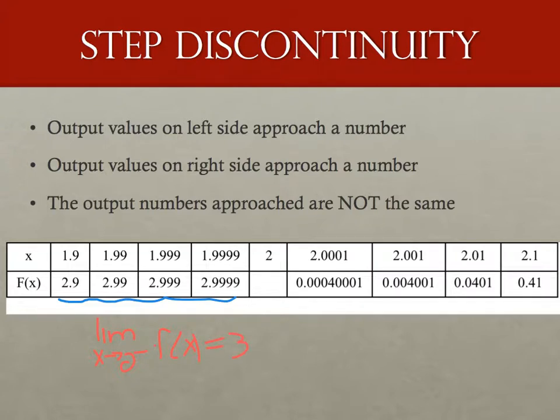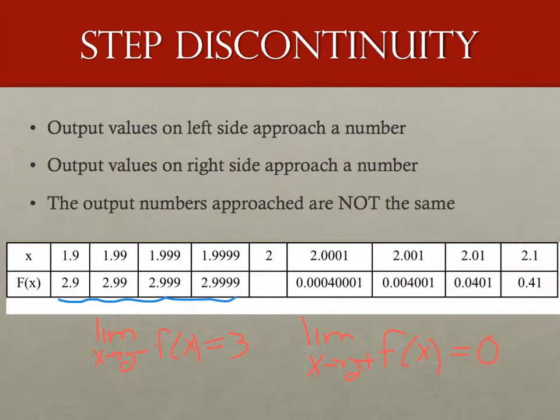When we look at the right side, it appears our output values are actually getting closer to 0, because it looks like we're always adding more zeros. So in theory, it'll eventually be 0.000000. So we can say that the limit as x approaches 2 from the right of the function is 0.